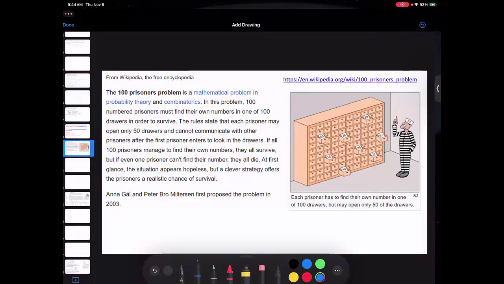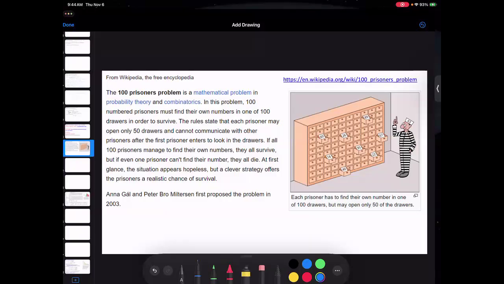Okay, everybody clear? And the rules state that each prisoner may only open 50 drawers. They cannot communicate with each other. They can't leave a drawer slightly open to indicate to the next prisoner what was in that drawer. If I open a drawer and I saw a 1, I leave it open 1/1000th of an inch. If it was a 2, I leave it open 2/1000ths of an inch. You can't do something like that.